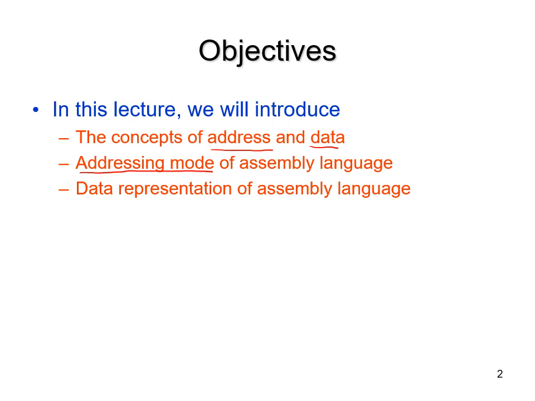And finally, we are going to describe to you the data representation of the assembly language. In this data representation, we mainly focus on the integer and floating point number representation in computer.